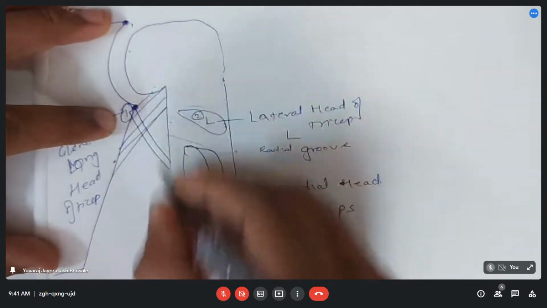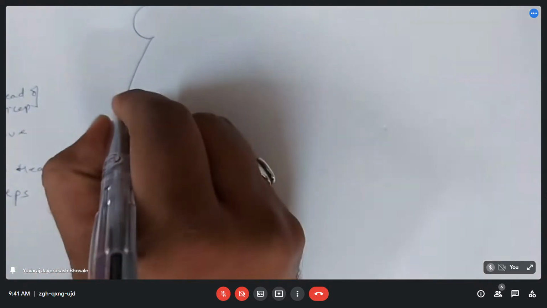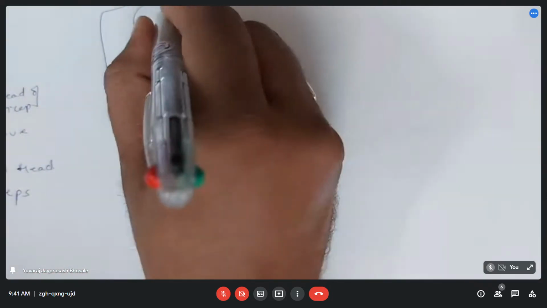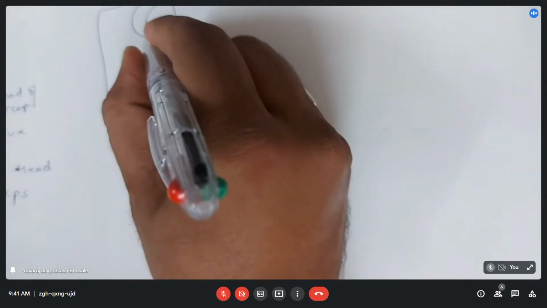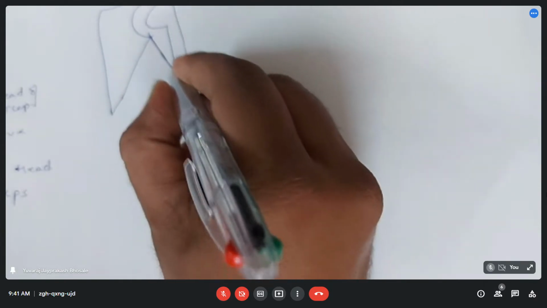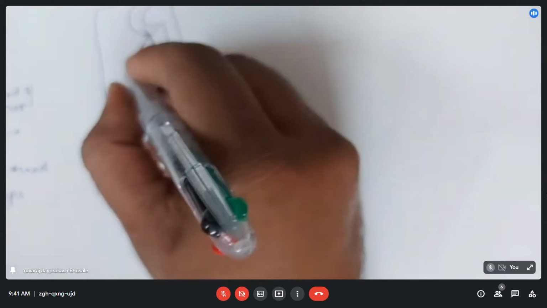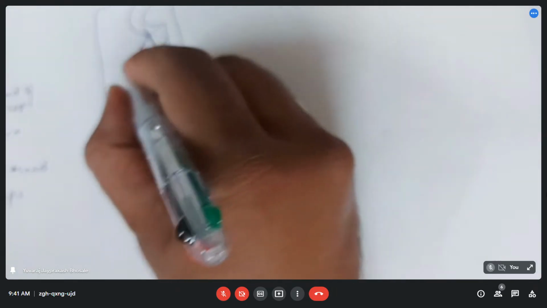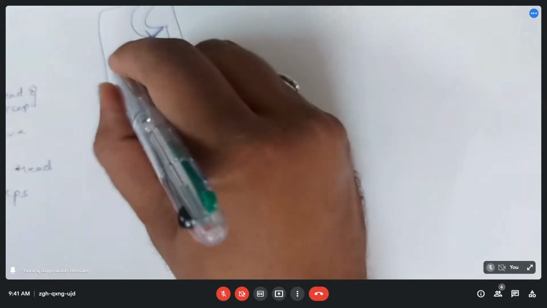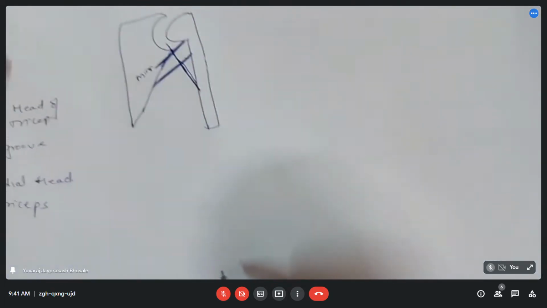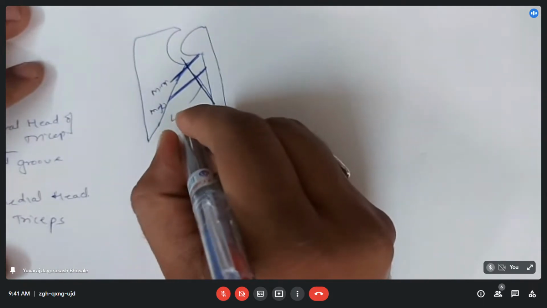I'll draw another diagram to show you this. This is the long head of triceps, the teres minor and teres major. So this is teres minor, and this is major. This is long.